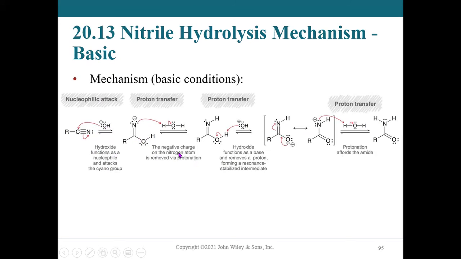The negative charge on the nitrogen atom is removed via protonation and produces this intermediate. Then the hydroxide functions as a base and removes a proton, forming a resonance stabilized intermediate. So the final step, another proton transfer, produces this amide.